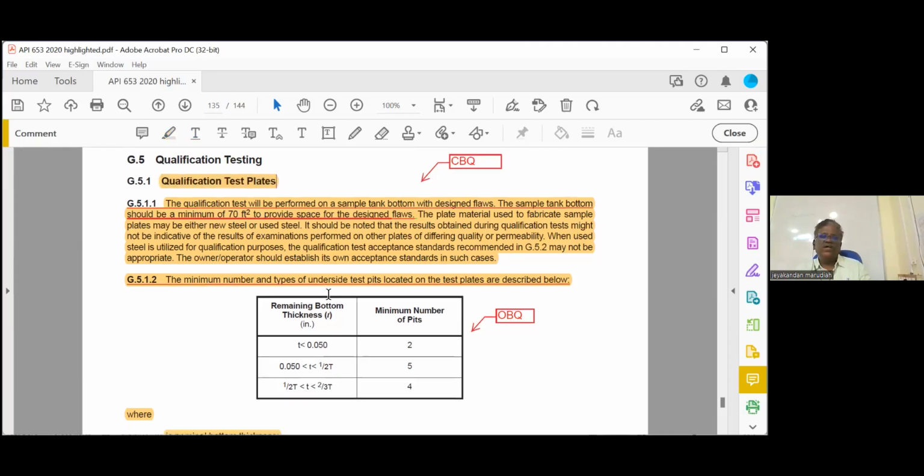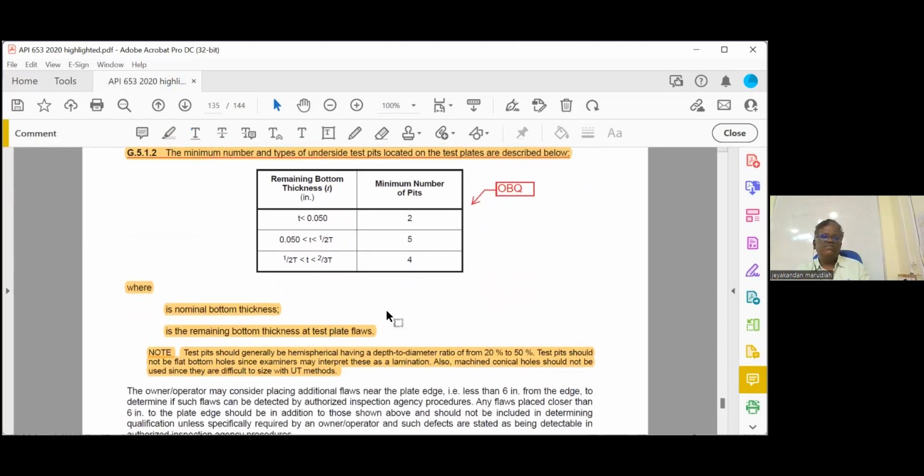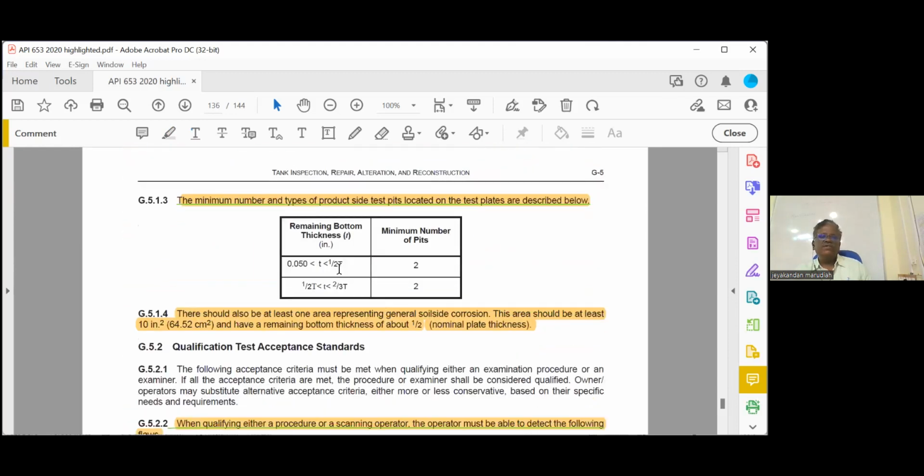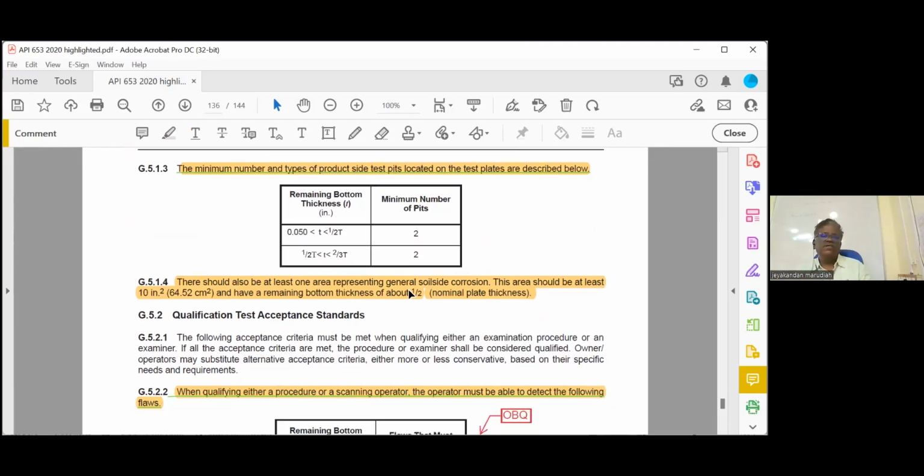The next one, what percentage do you have to find? You can see here, this is the product side pit. Top side, how many pits? Whatever the thickness, there will be 2 pits. Thickness is 0.05 to half T or half T to 2/3, we should have only 2 pits on the top side. Okay, that's correct.